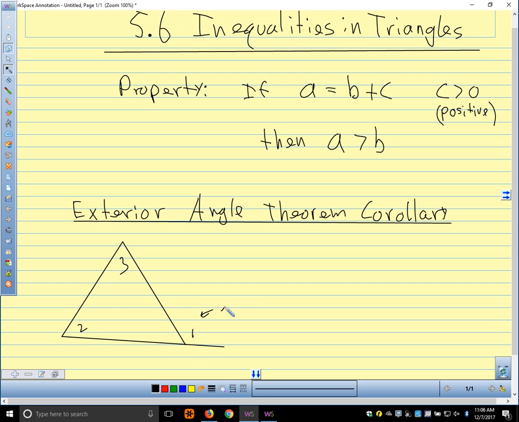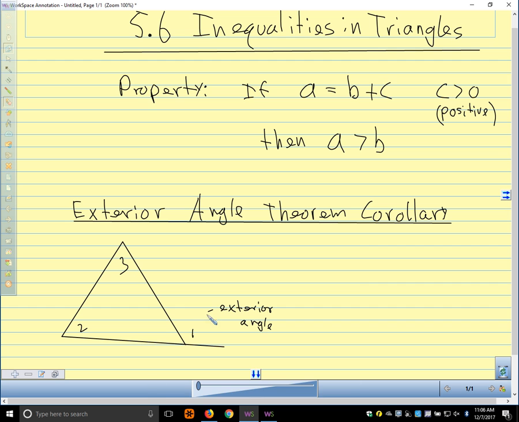This is an exterior angle. And we called these other two angles, angles 2 and 3, remote interior angles. Remote means they're far away from the exterior angle. Interior means they're inside the triangle. Exterior means it's outside the triangle.